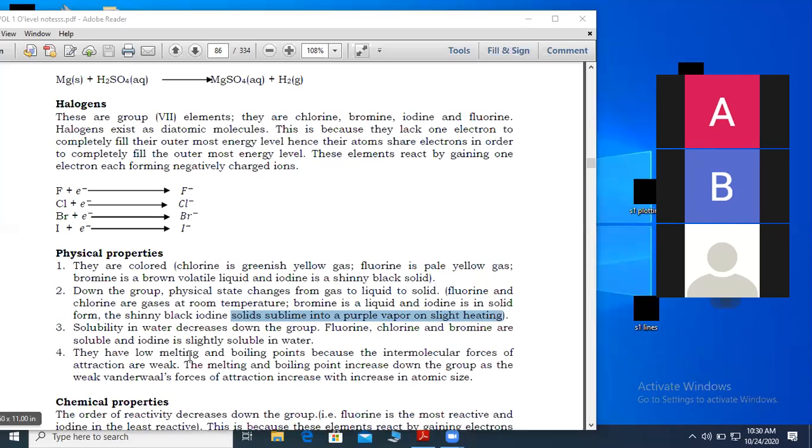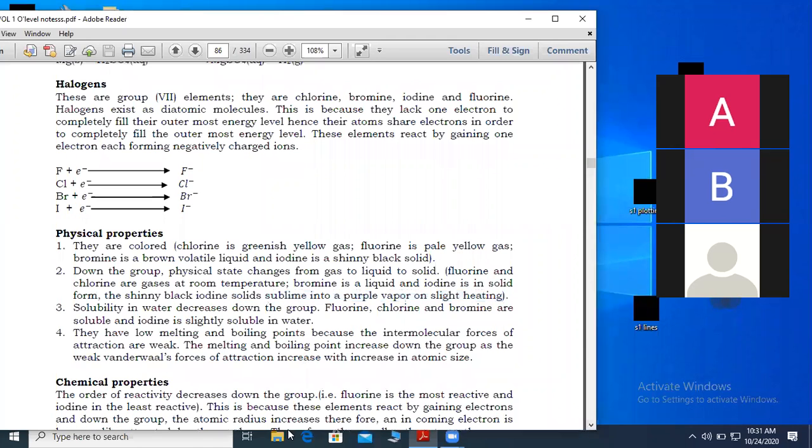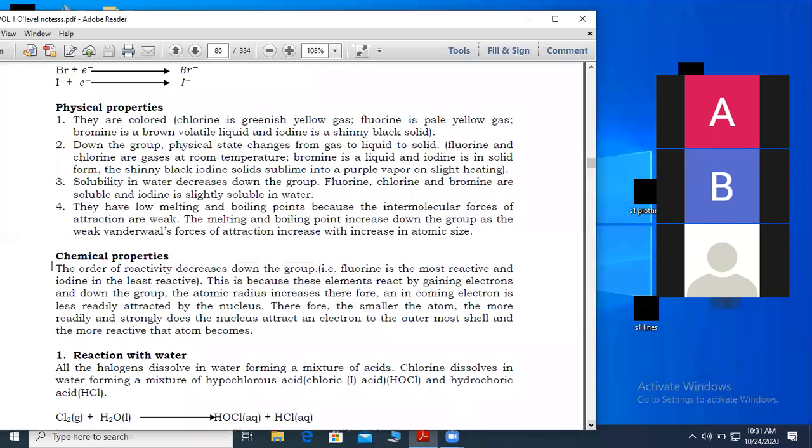They have low melting and boiling points. That one we shall look at more in bonding. Let us look at chemical properties of these group 7 elements. Now, like any other elements, the reactivity decreases. No. This should be the reactivity increases down the group.